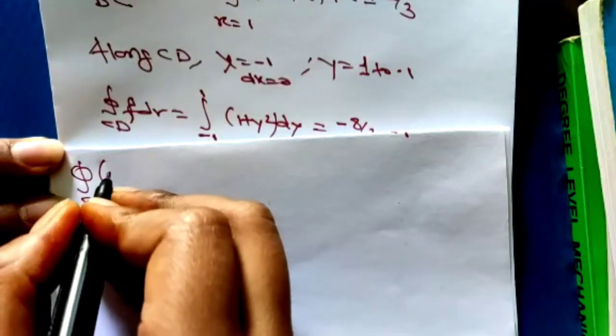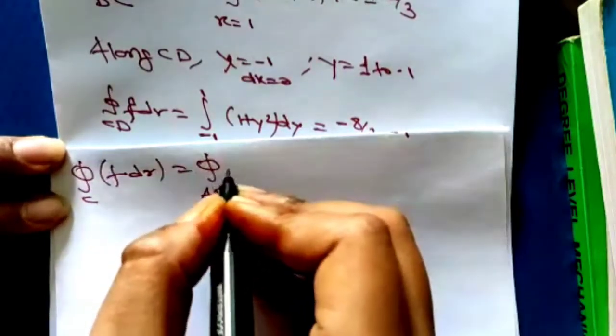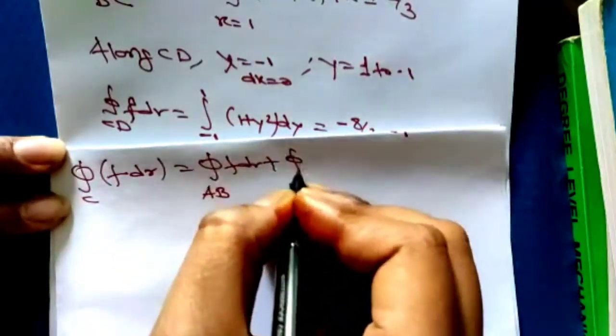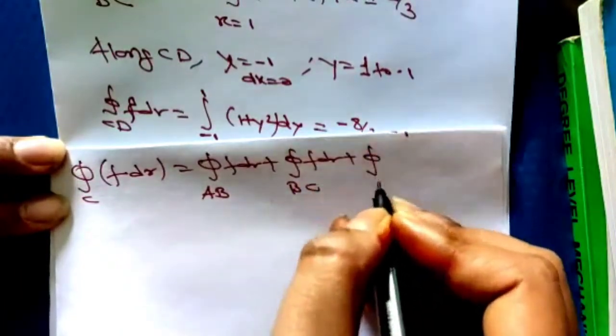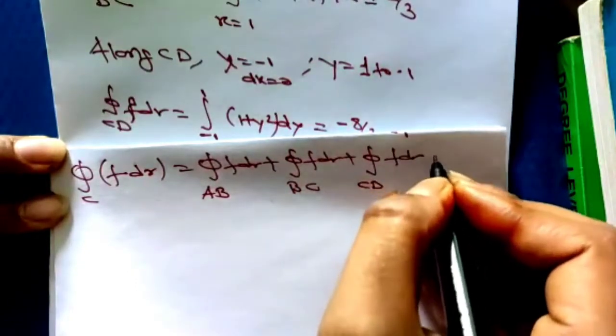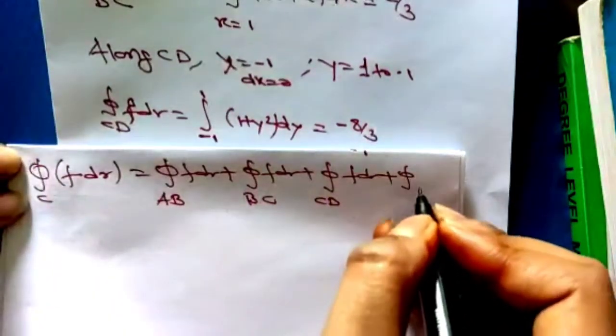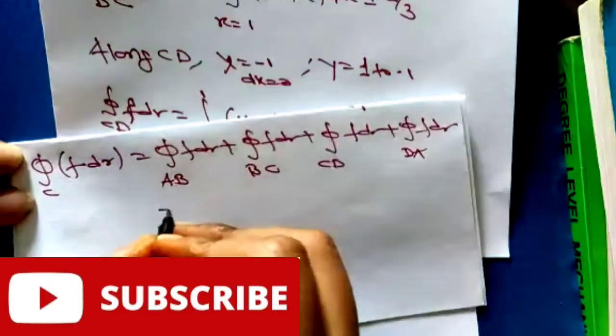Now to find the whole integral of F dot dr, we have to add the line integral along AB, BC, CD, and DA.